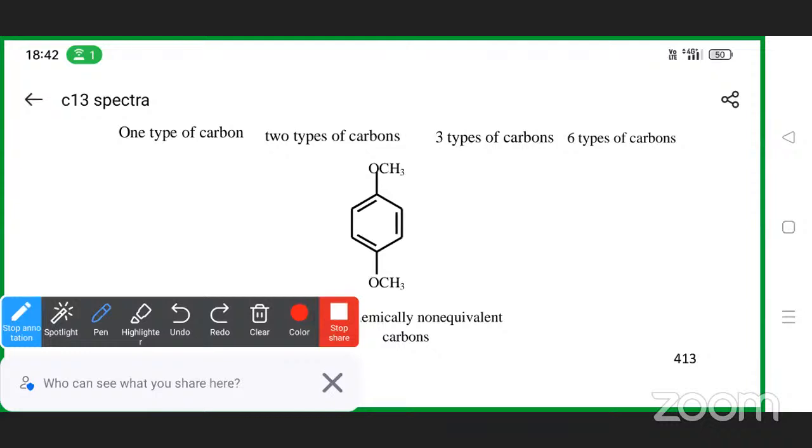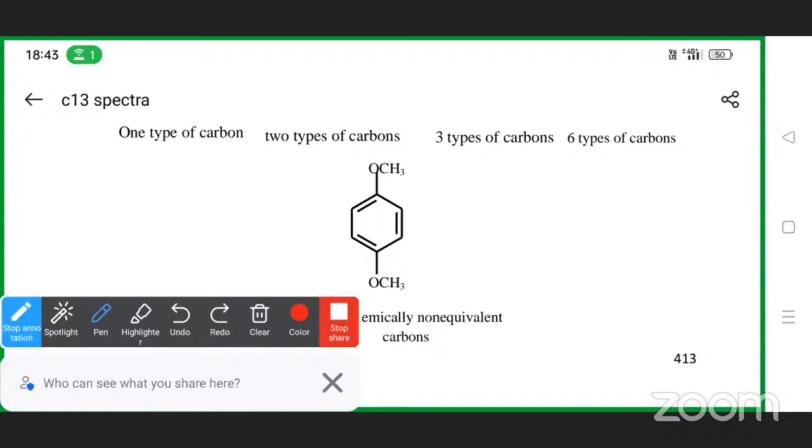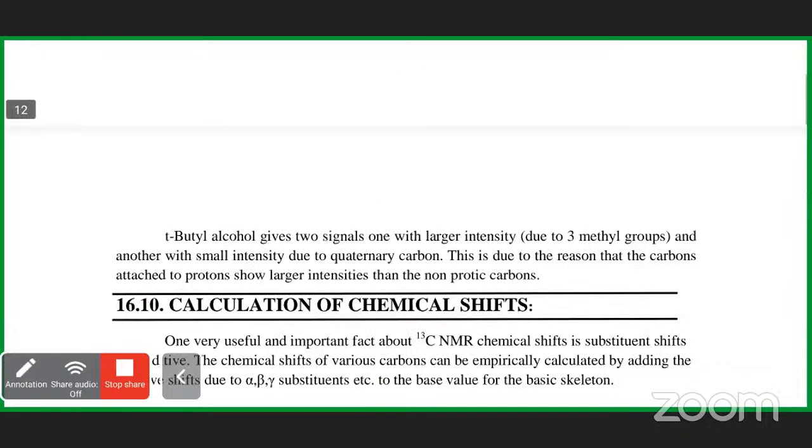One type is these two, which are the same, and here also the same, and this is the second type of carbons.